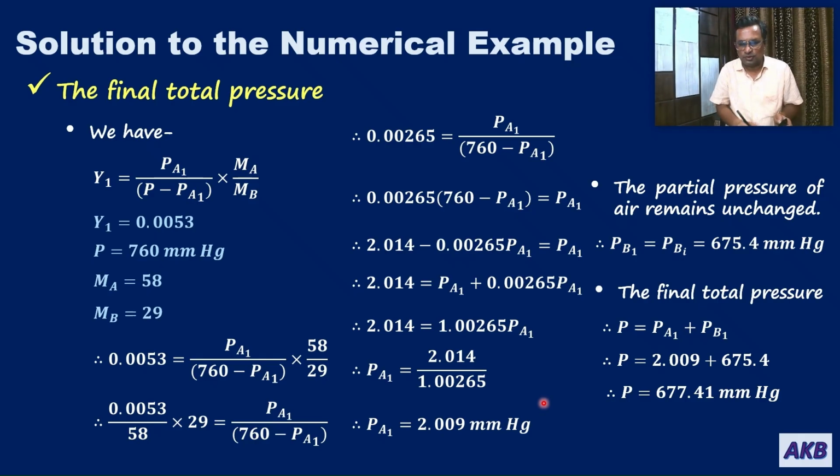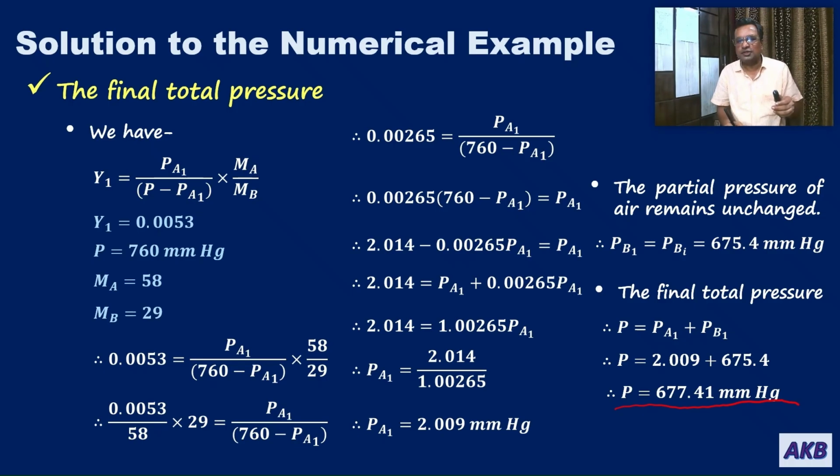We have found the final vapor composition, and they had also asked us to find the final total pressure, and we have got the final total pressure. It is 677.41 mm of Hg.